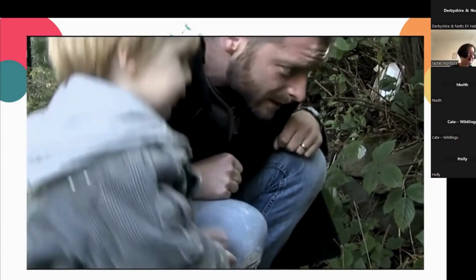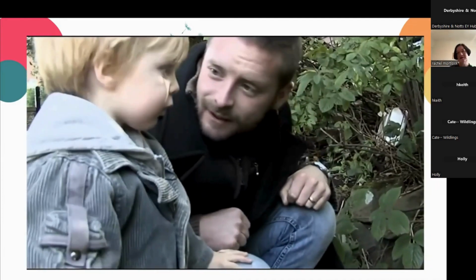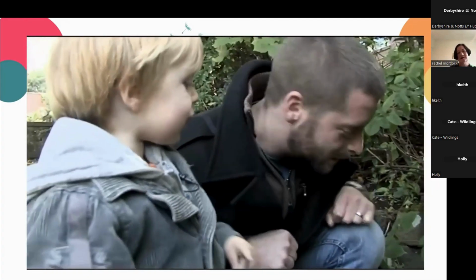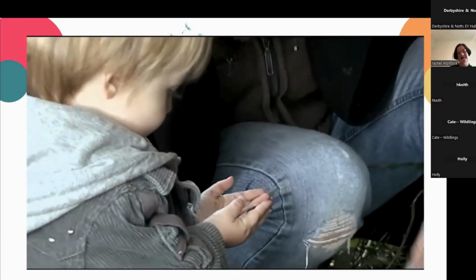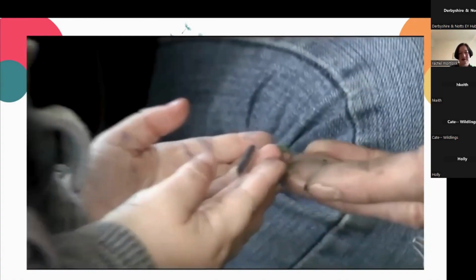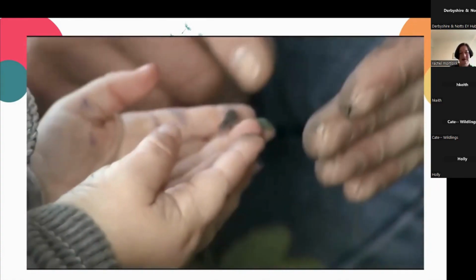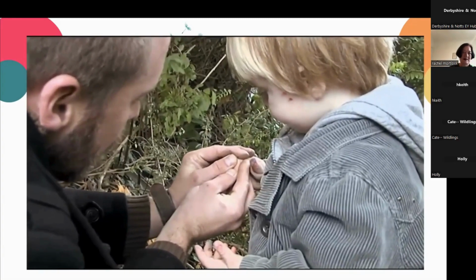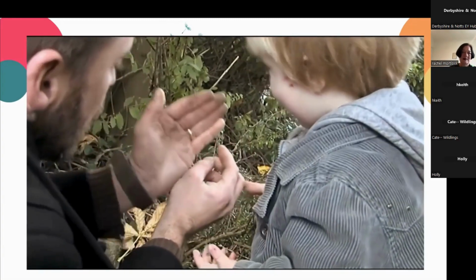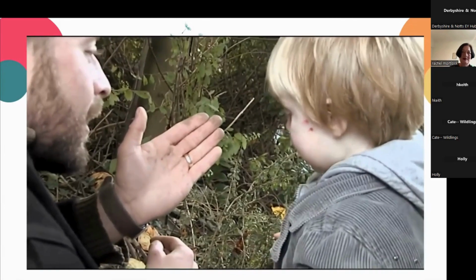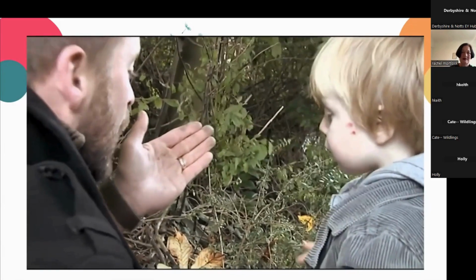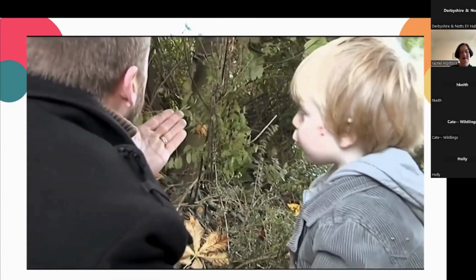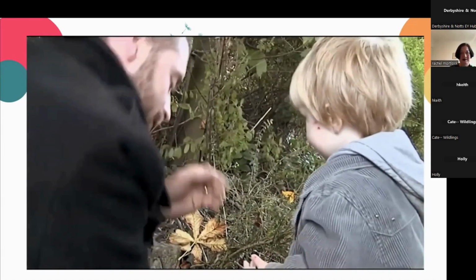We need spiders and snails. Oh, you've got a spider as well? Look, there's a tiny spider. Wow. Should we put him back nice and safe? 1, 2, 3, blow. There he goes.